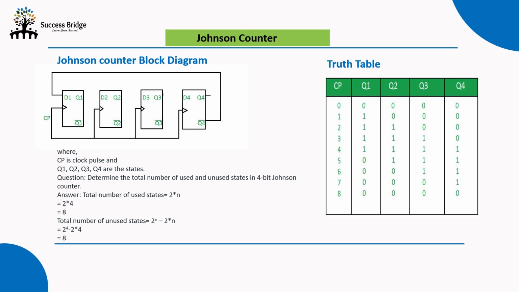Similarly, Q3 is 1, Q4 is 1, and the previous values are shifted one by one. Finally we get the 0 0 0 0 state. After this completion, the cycle is repeated. In this way the Johnson's counter works.